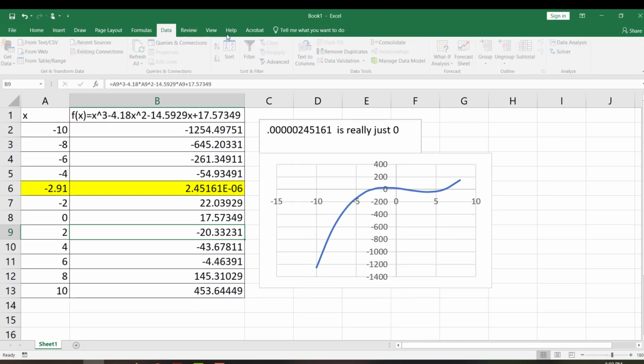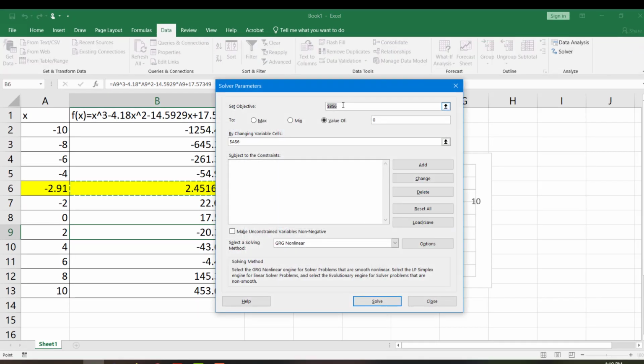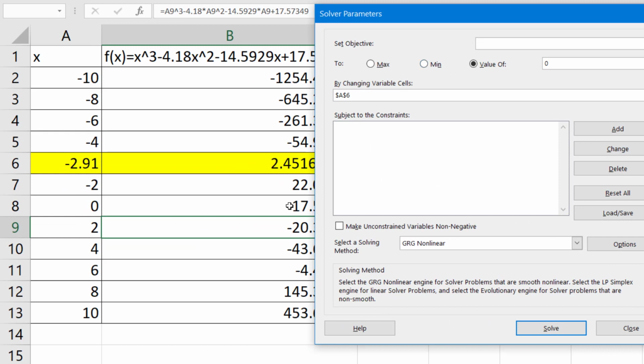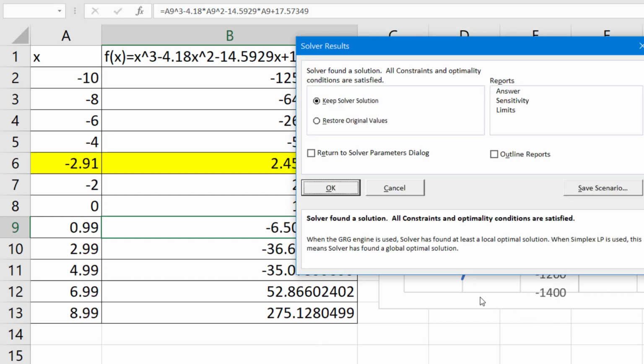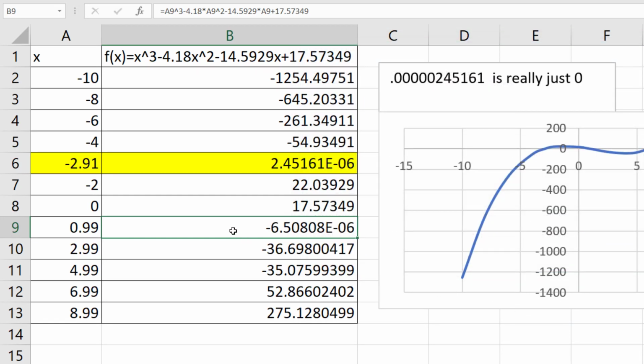And again, I go to Data, Solver. This time I set my objective cell to being cell B9, changing to a value of 0 by changing the x value cell A9. I hit Solve, and it says that the x value is 0.99 to make a y value of 0.